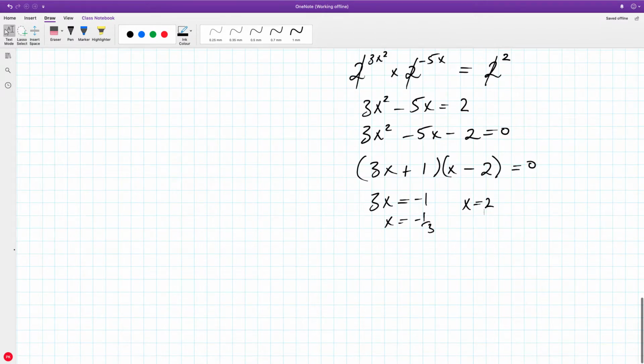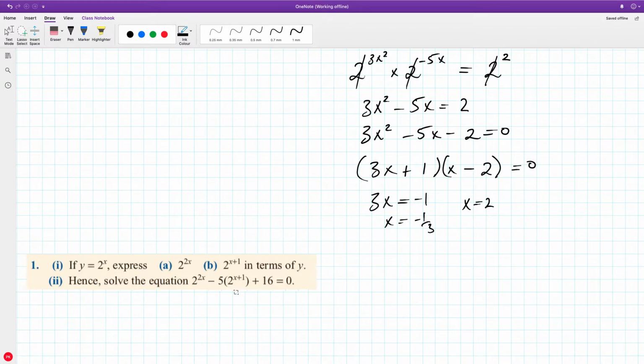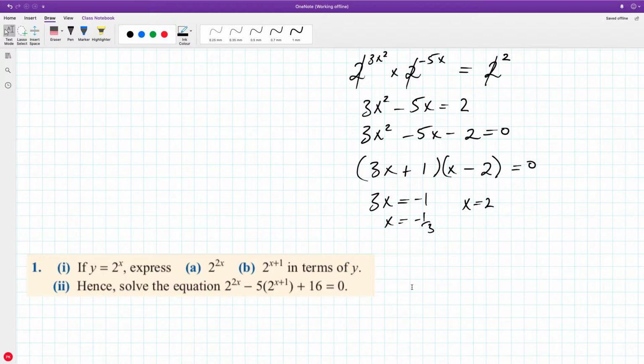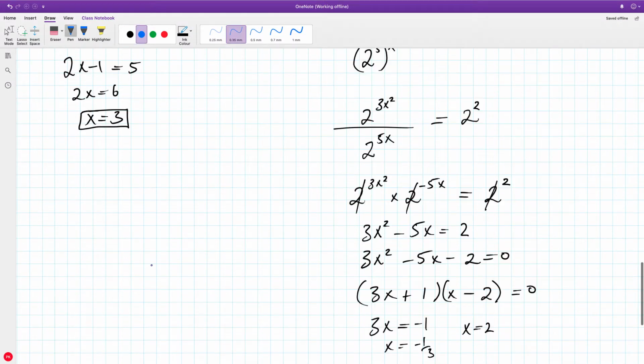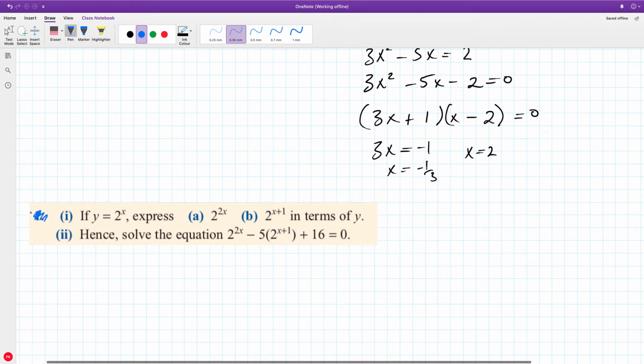This is the most common one that comes up. Don't worry about the last part for the moment. Just get the first part out. So if y is equal to 2 to the power of x, see if you can express a and b in terms of y.